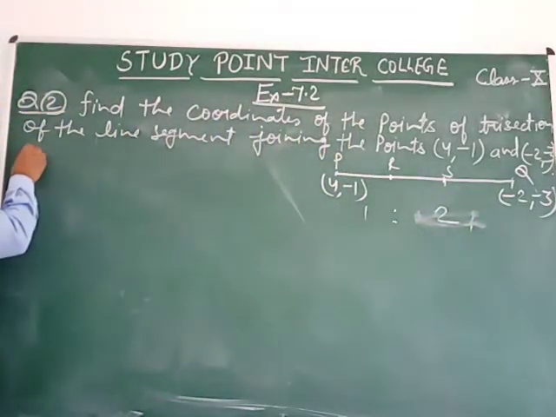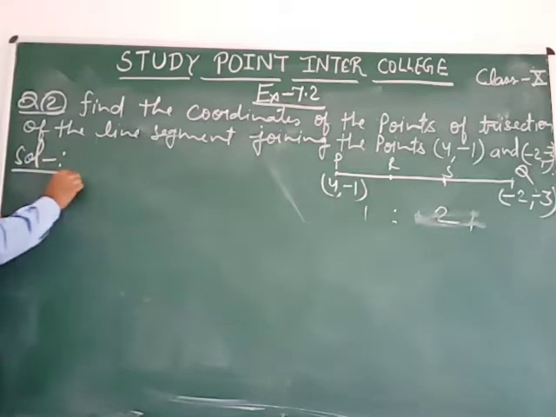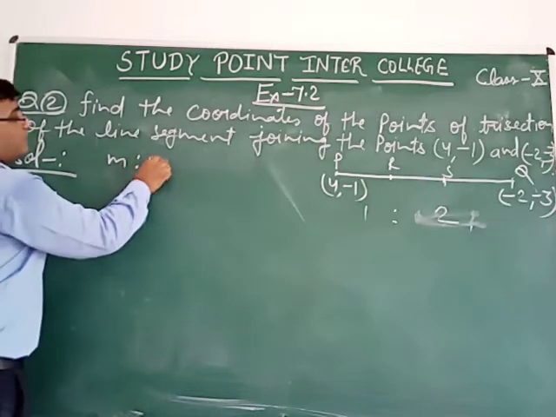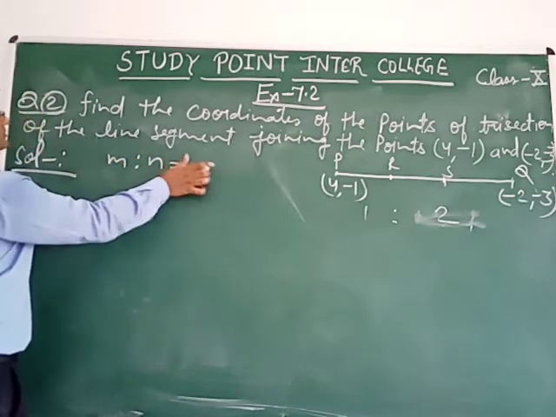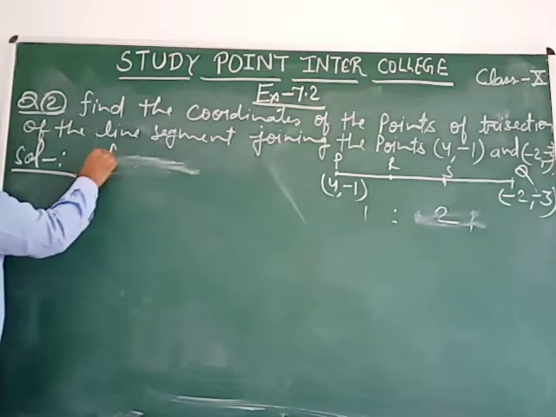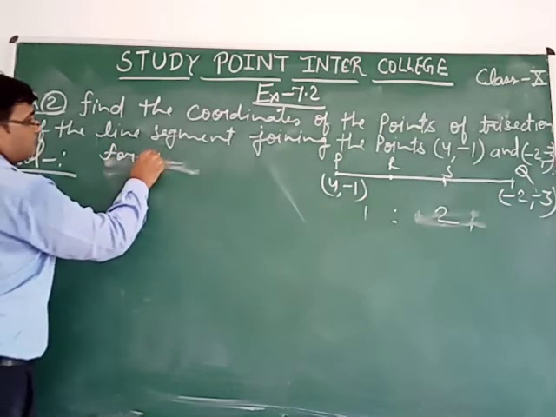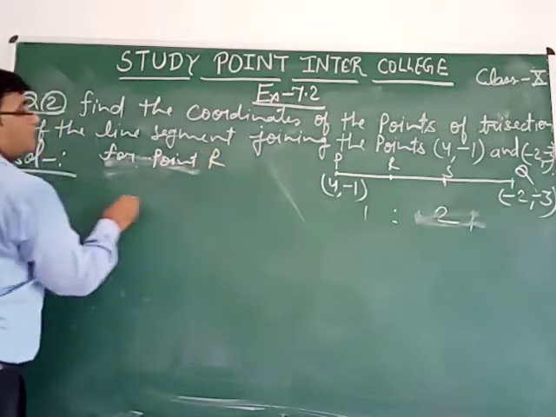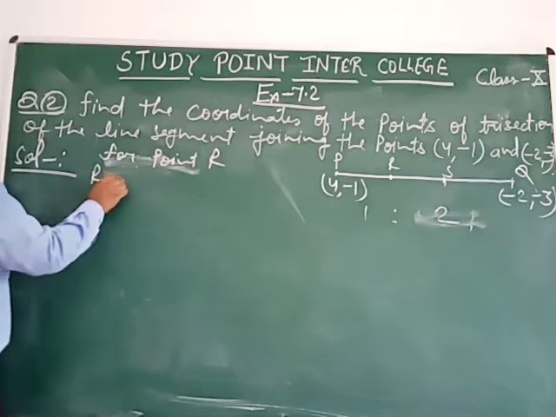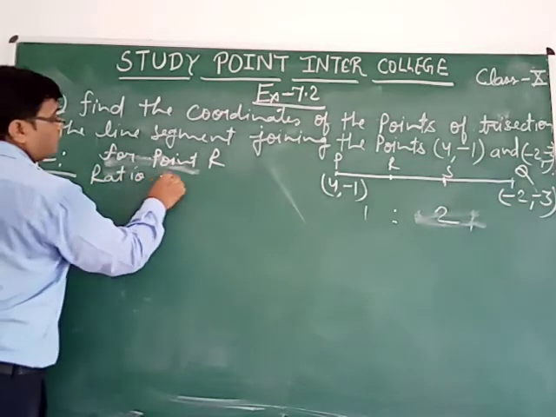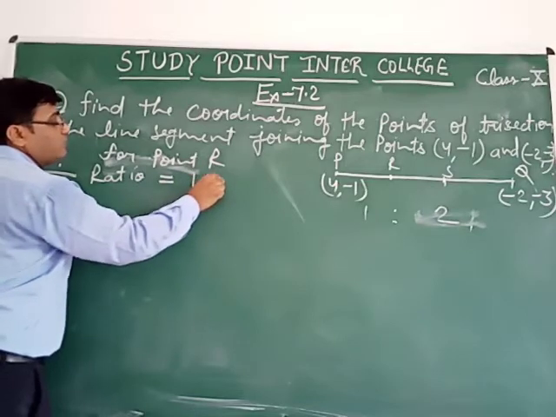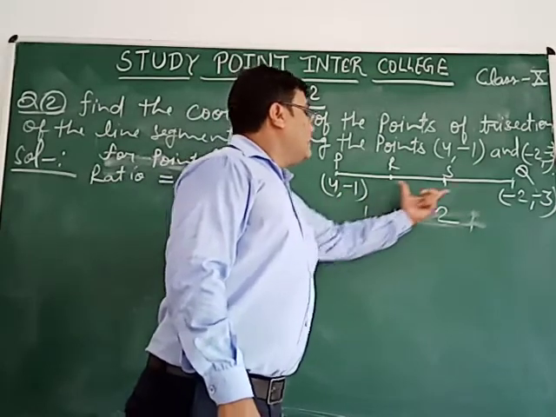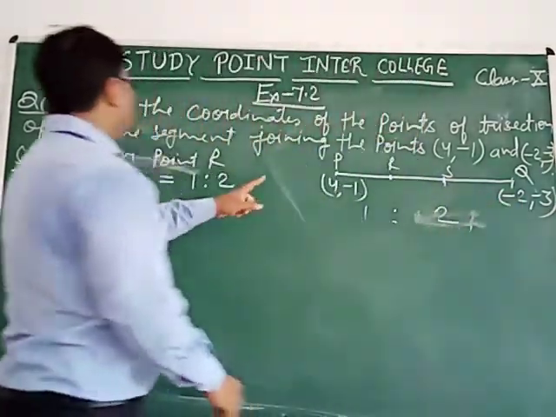So M ratio N equal to 1 ratio 2. This is M, this is N. For point R, this is 1 and this is 2.